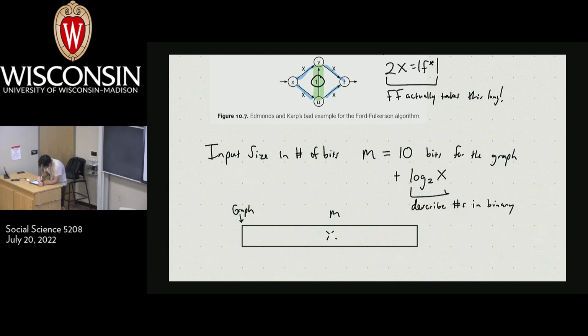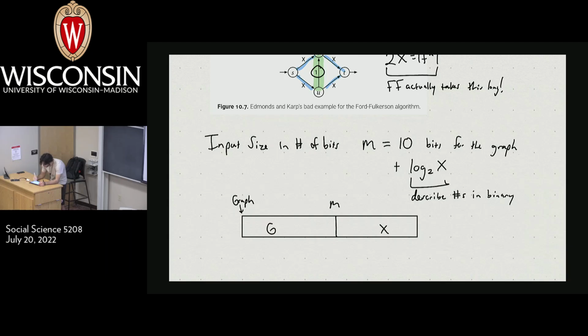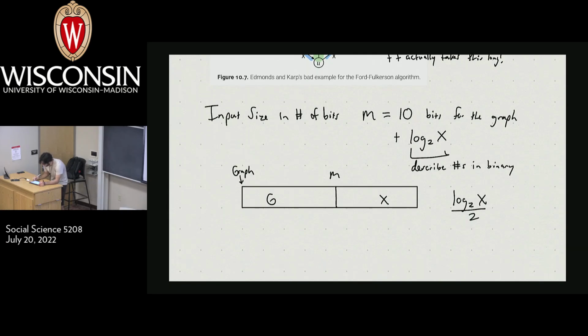But in general, maybe it's more balanced. So let's say half of it's the graph and half is x. Okay. So roughly, x is log base 2 over 2. That way, it's half of m. So let's say this is half of m.